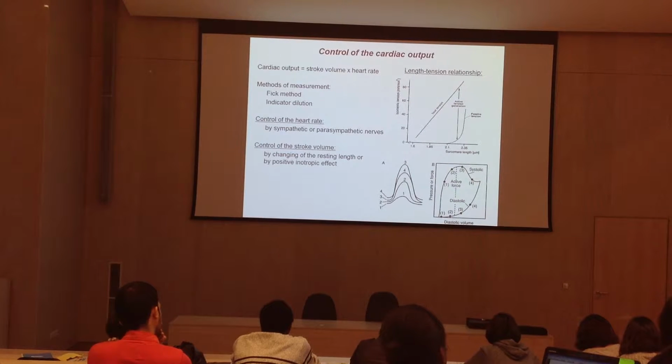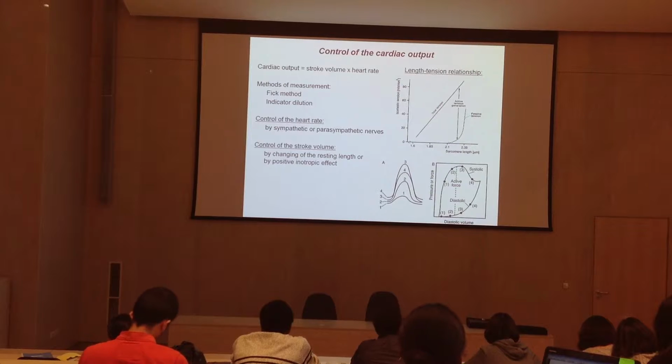In this case, the contractile response will be larger and larger. So, if you stretch the muscle fiber, or if you increase the resting length, or you increase the sarcomere length, the same thing, the contractile force will be larger, just to a limit. Okay.